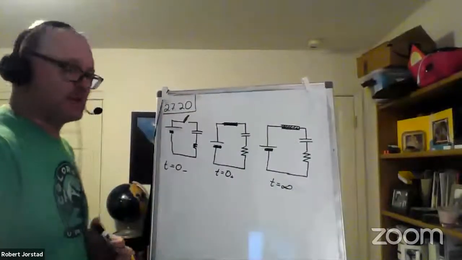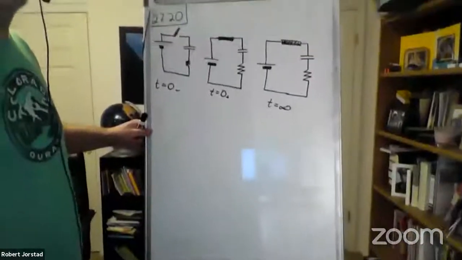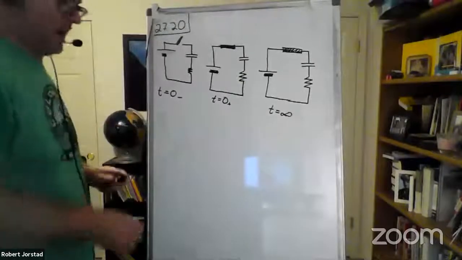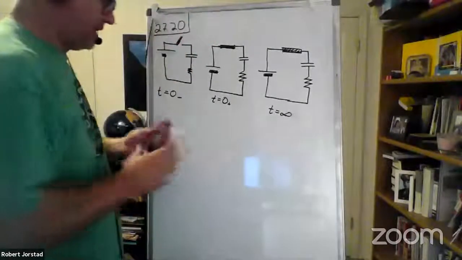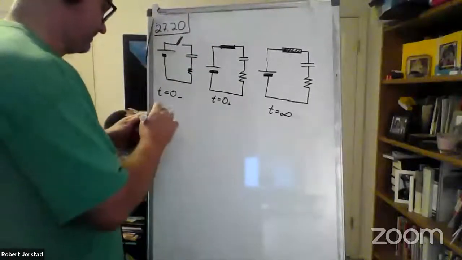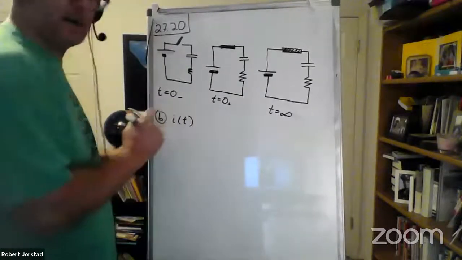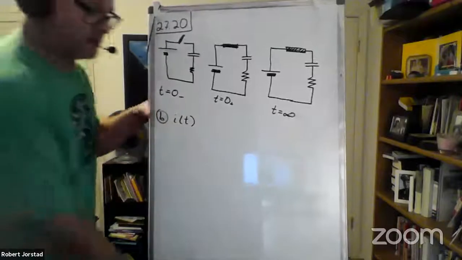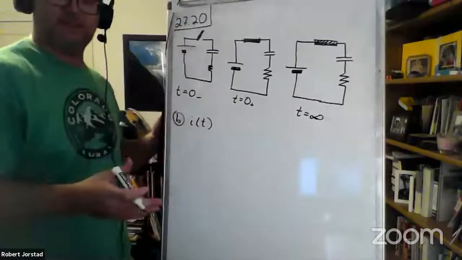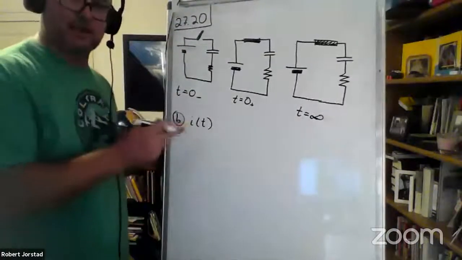Okay, so now in this case, I'm going to start out. I know the question in part B wants to know current as a function of time. So I'm thinking to myself, I don't really care about everything. All I need to do is learn everything I can about the current.